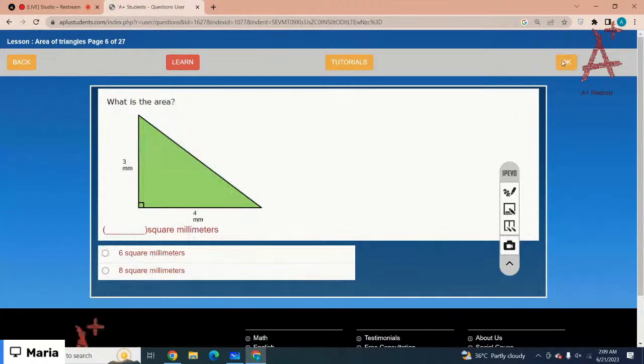Okay, what is the area? So which is the correct option? You have to do half times base times height.